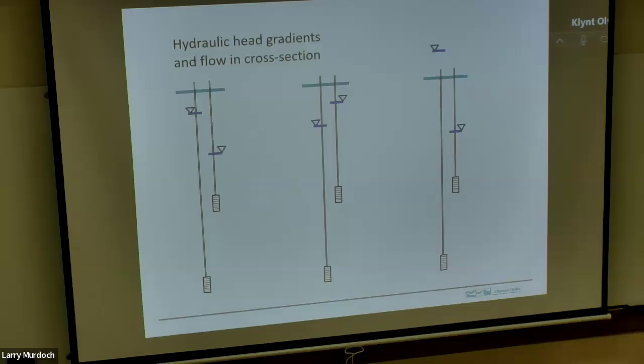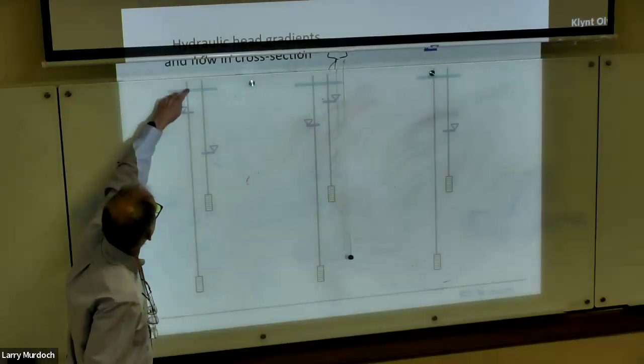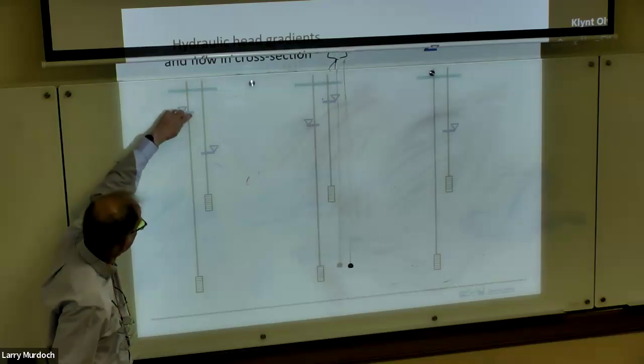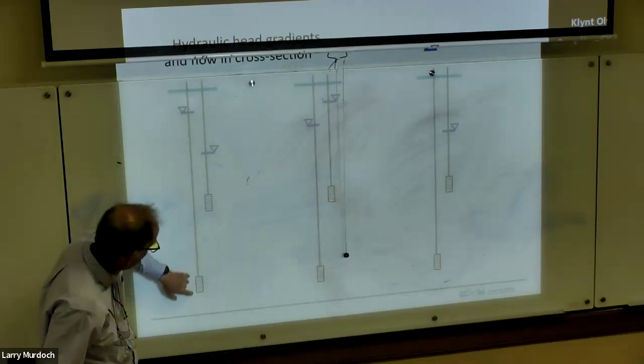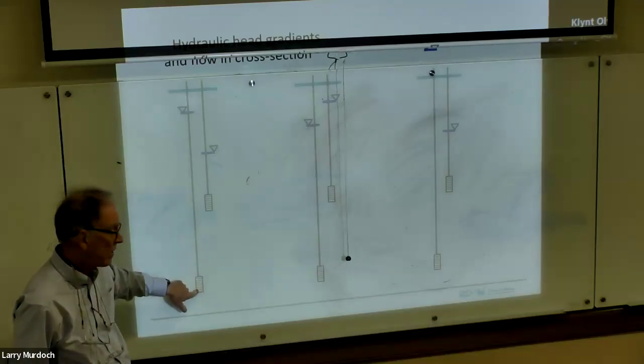Okay, so what I want to do is start off with the slide that we were looking at last time. What we're trying to do is measure, first of all, the hydraulic head gradient and then hydraulic head contours in cross section. So what I'm showing here is this sealed tube, and then a part of that tube that we'll see is called a well screen.